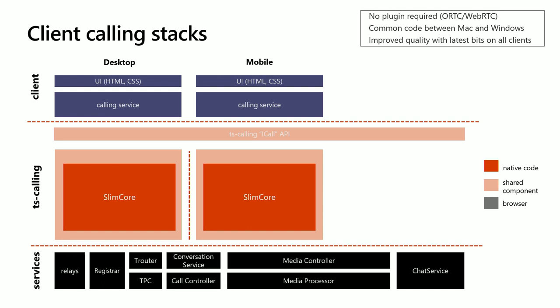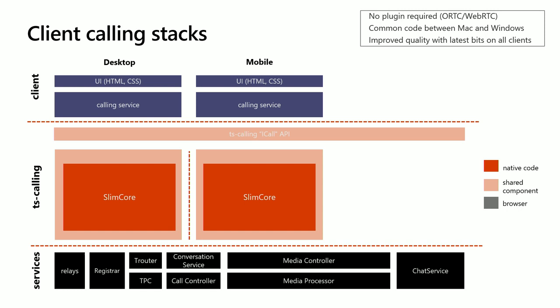So the desktop uses HTML and CSS, and a lot of the mobile clients' UI is also that way. Anyway, it uses the calling service, and it calls this thing that we call the iCall API, a client library that we wrote in TypeScript, and that's the API that we use.